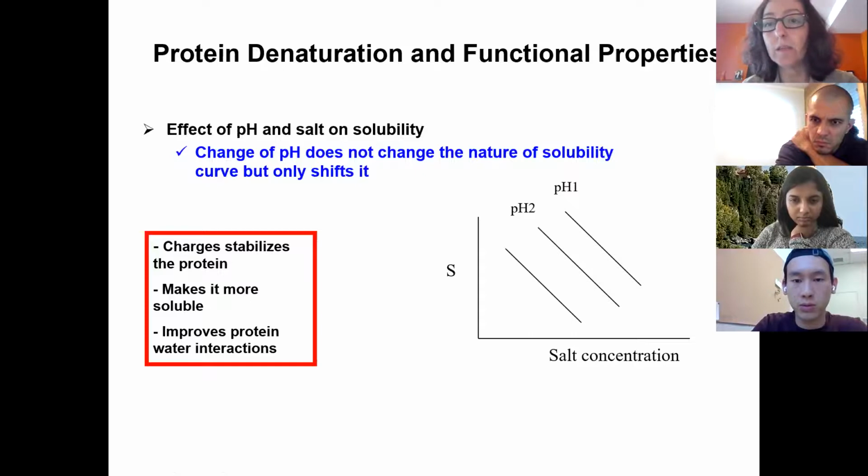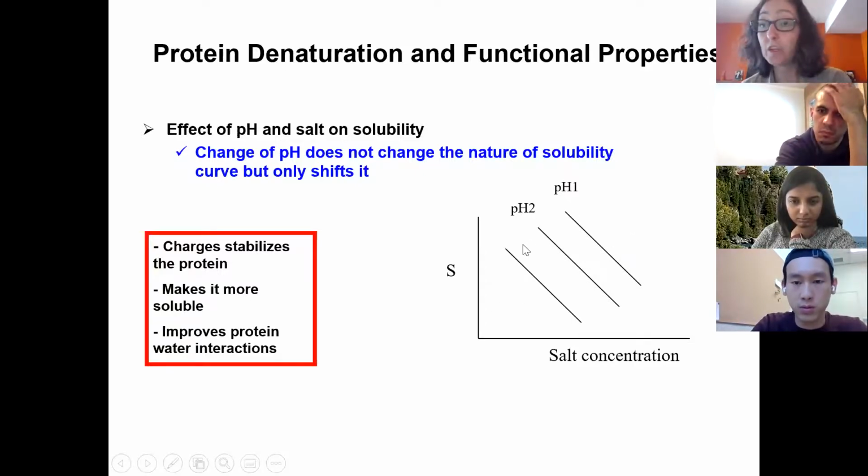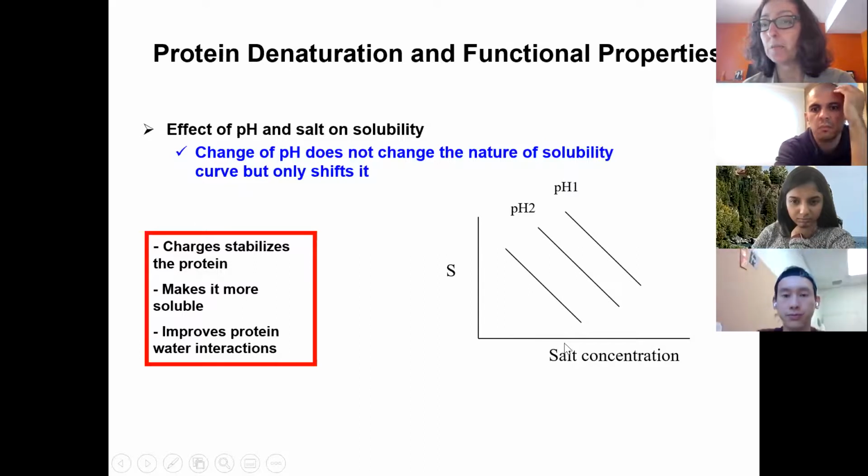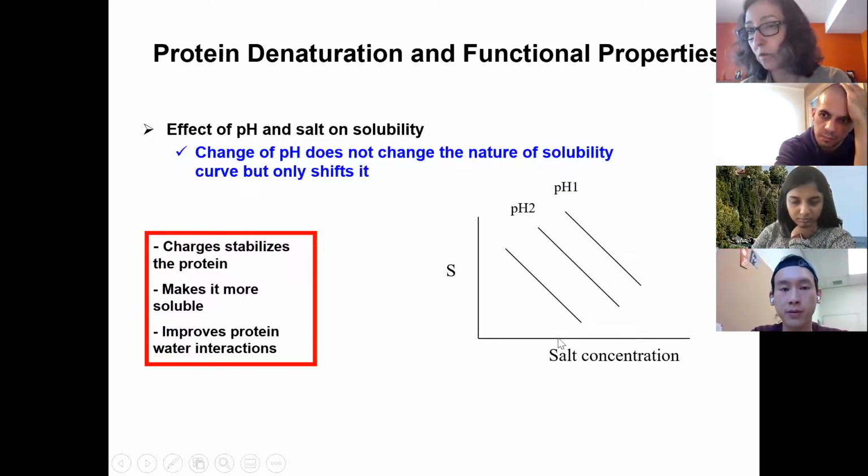This figure explains the relationship between having charge due to a certain pH and how that impacts the concentration of salt that would result in a reduction or an increase in solubility.